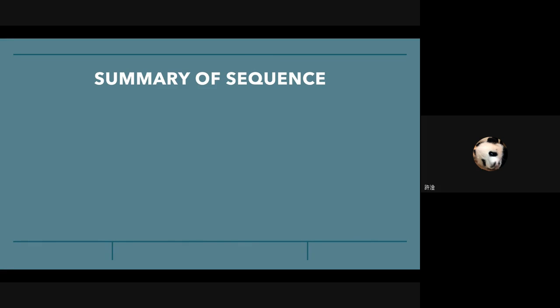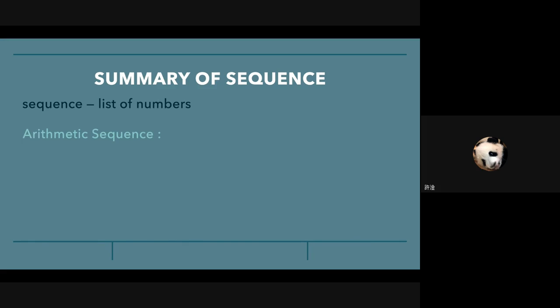Now I'm going to show you a summary of my topic. My topic is sequence, and a sequence is just a list of numbers. In my topic, some sequences have no pattern, and there are two typical sequences.